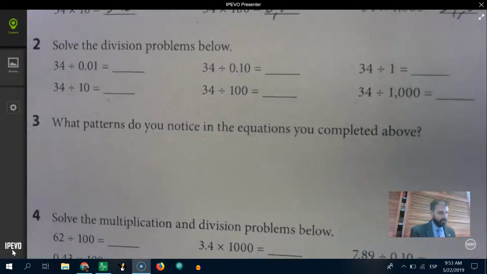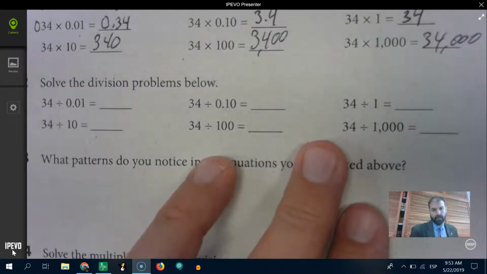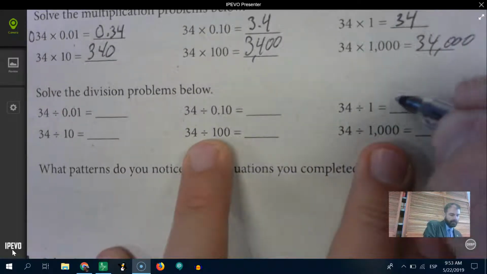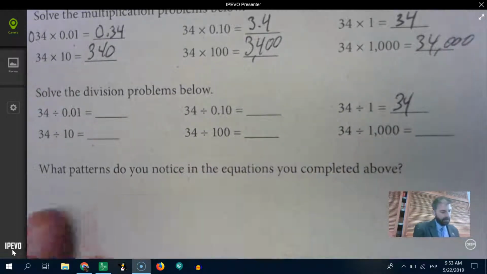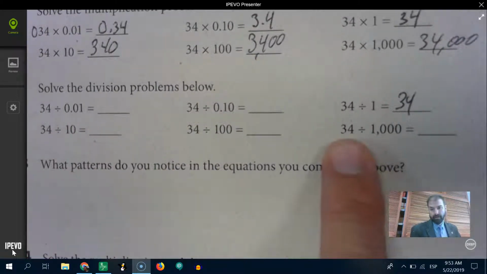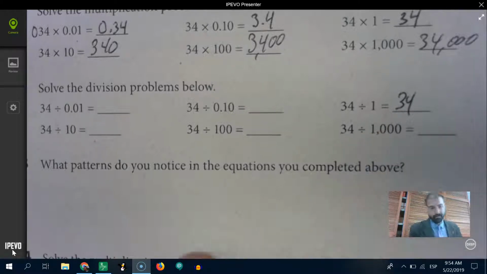Okay. So here we're going to have the same answers, just in different areas. So 34 divided by 1 is 34. Here, 34 divided by 1,000. What this is telling us is that the 3 and the 4 are going to shift to the right 3 spots.